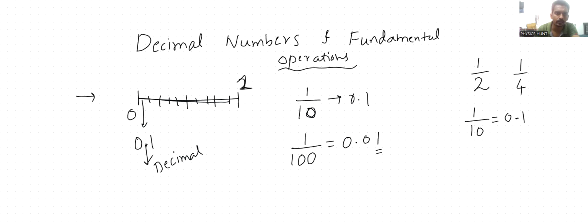So this way, if you consider 0, 1, 2, 3, 4, 5. Now between 4 and 5, you can get 4.1, 4.2, 4.3, 4.4.